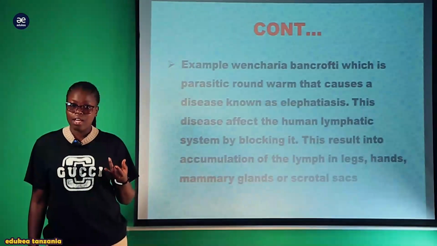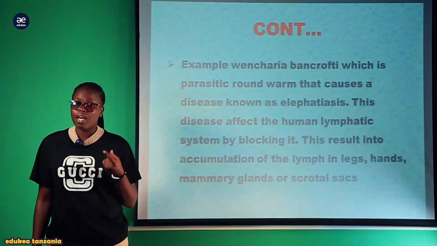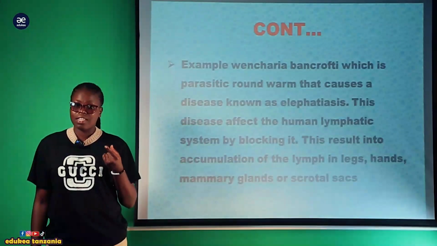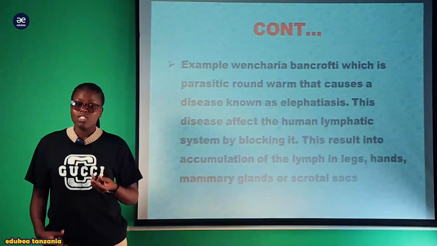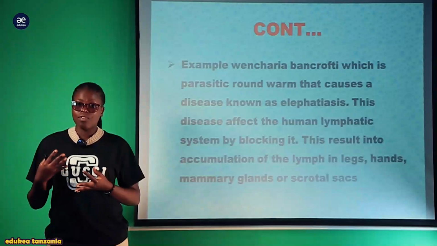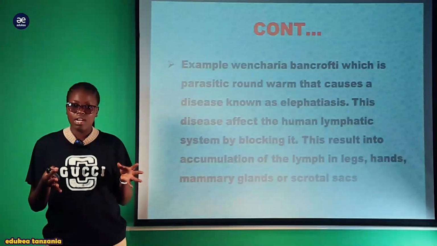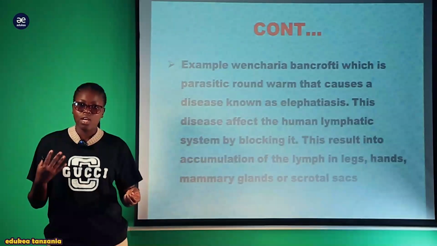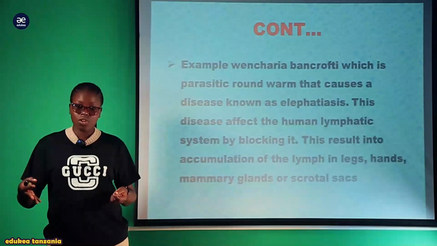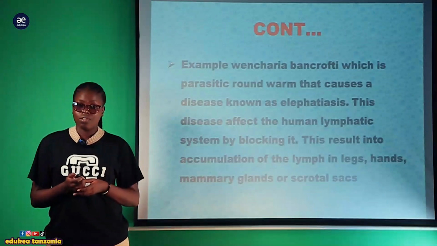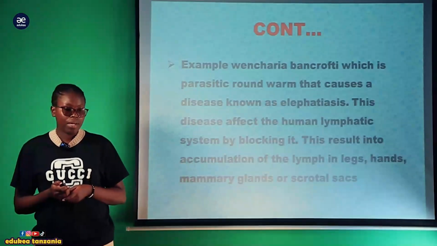So this Wuchereria bancrofti wanapelekea blockage of these lymphatic vessels, ambazo zinasaidia katika removal of the excess water. So they have been blocked, inakuwa ni vigumu for the release of this excess water. Hivyo inapelekea swelling of the limbs, swelling of the legs, of the hand and other scrotal areas. So this is one of the disadvantages of this phylum Nematoda.